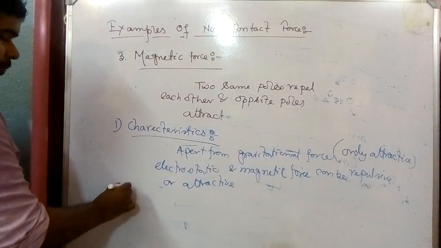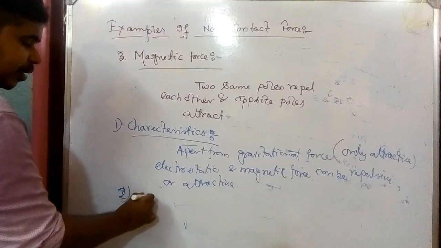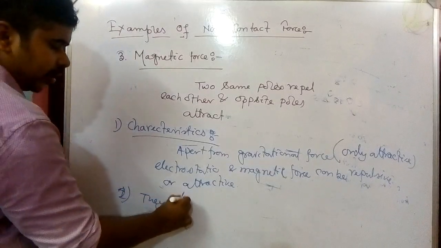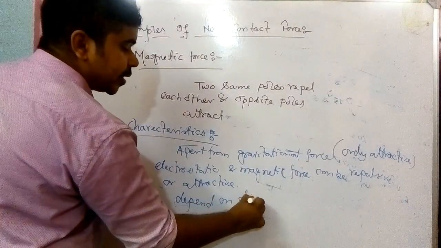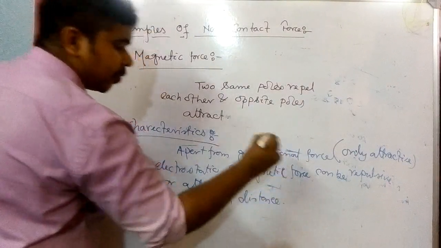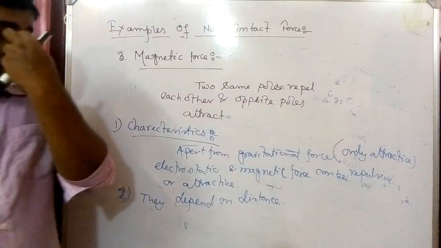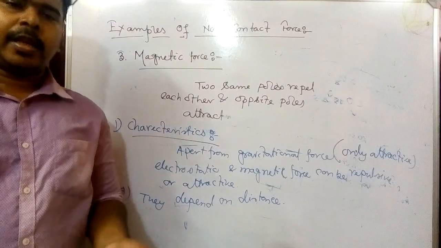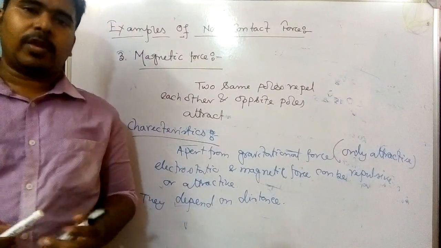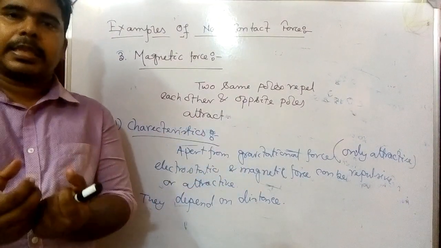Number two: they depend on distance. Distance means, for gravitational force, electrostatic force and magnetic force, in every case the distance plays a vital role. If you increase the distance, then the force will be less.